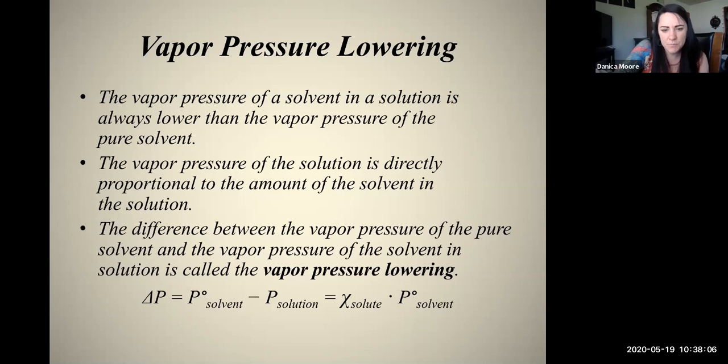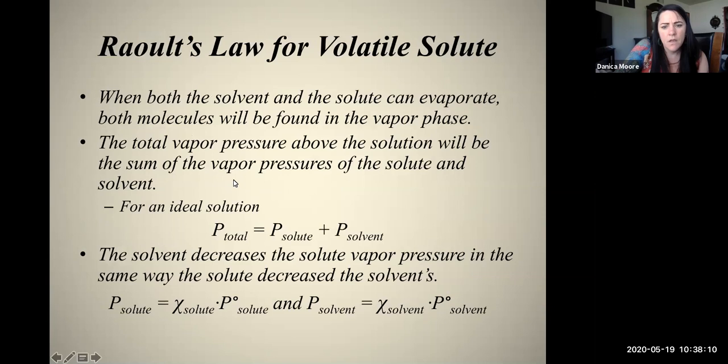Okay, so this is Raoult's Law for a volatile solute. So this would be, let's say we had water and we added ethanol to it, right? If we had a cup of pure water sitting next to a cup of vodka, which one's going to evaporate quicker?